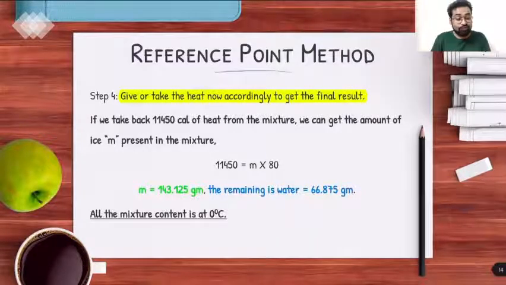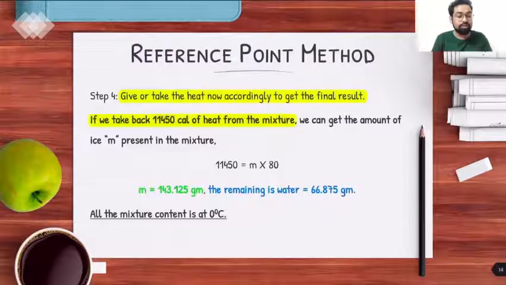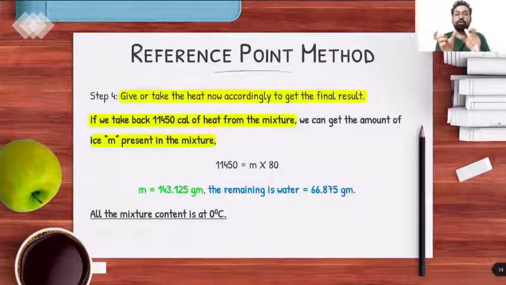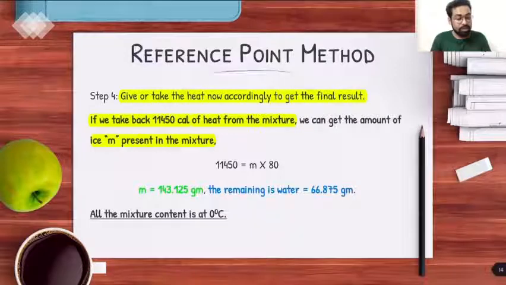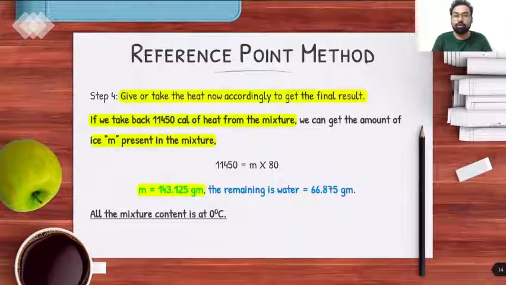Now, if we take back this 11,450 calories of heat from the mixture, we can get the amount of ice m that is present in the mixture. So all you need to do is put 11,450 equal to m into L, where m would be the amount of ice that is formed. You'll get this amount quite easily as 143.125 gram.